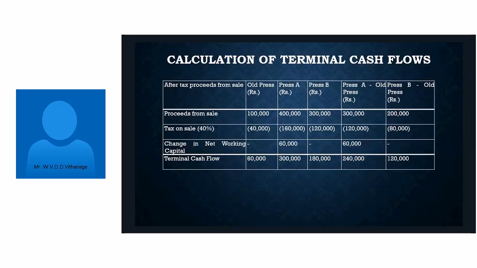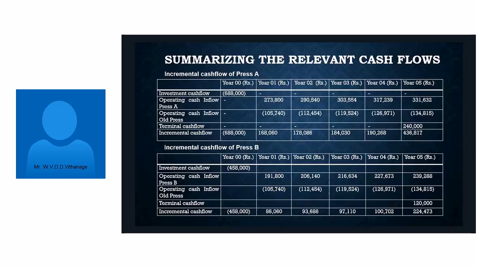There also I have taken the differential cash flows because this is a replacement analysis. Then the summarized relevant cash flows: I have summarized all three cash flows into this. The incremental cash flows for Press A have an initial cash flow of 188,000, and for Press B, the initial investment is 458,000, and all are positive cash flows for the next 5 years.